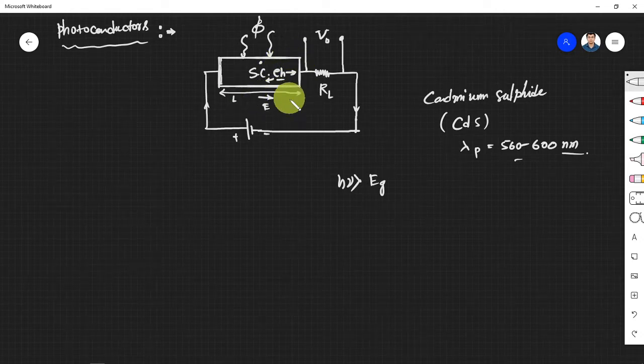Now if you can reduce this L, you can have a better response time, a faster device. To do that, we go for the interdigitated electrode. That's why in an LDR, if you look very carefully, you'll see the electrodes look something like this.